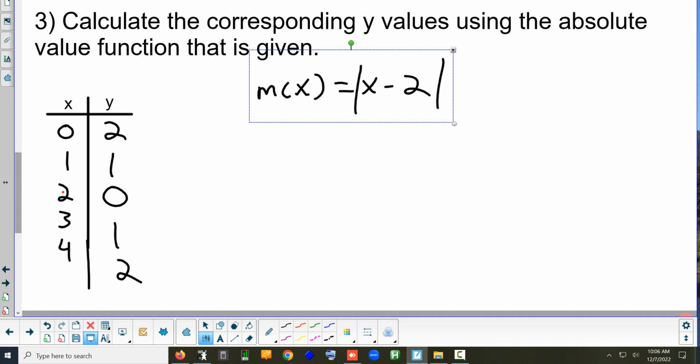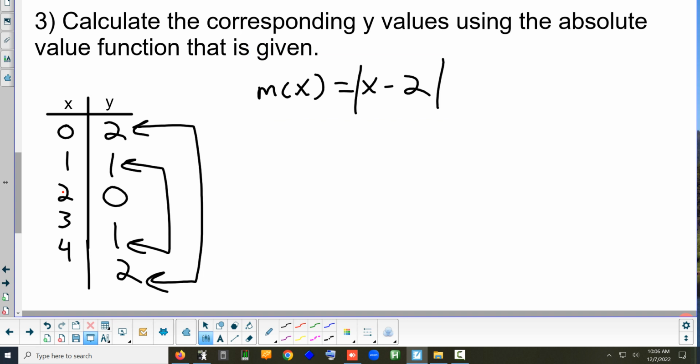And look at your y values. If you notice these 2 and these 2, that is always going to happen because of the way I had you start with this middle value. You're always going to get the same one here and here, and the same one here and here. If you don't, you did something wrong.